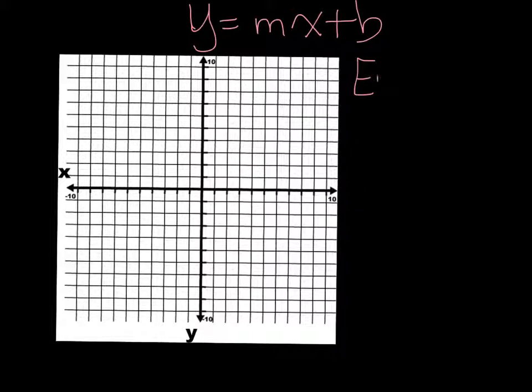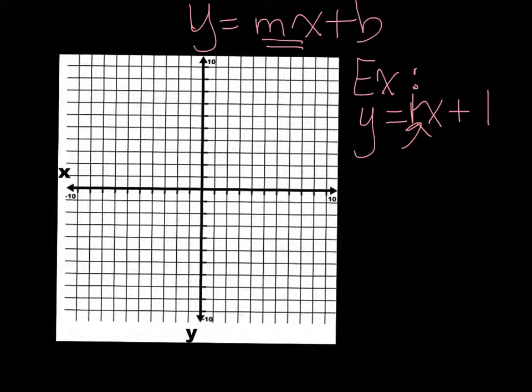So let's start with an example. So I'm just going to start with a simple equation. Y is equal to x plus 1. Okay, so the m is the coefficient of x. Right here, if you notice, there's no number in front of x. So the implied number there is just a 1. So my slope is 1. Okay?